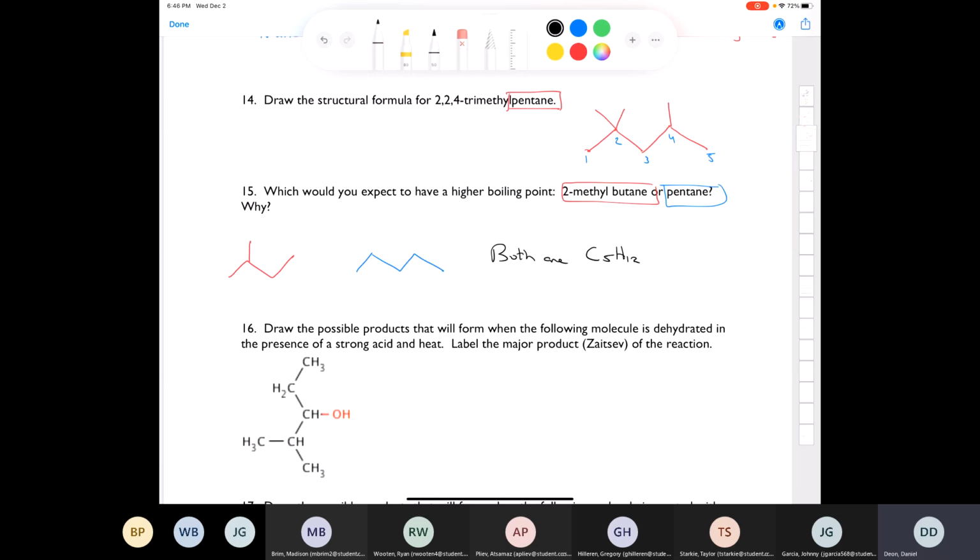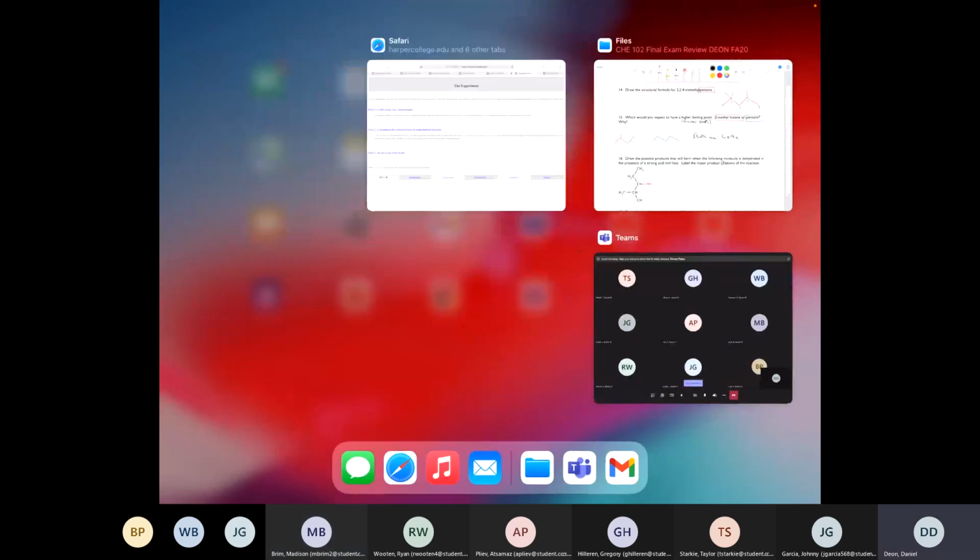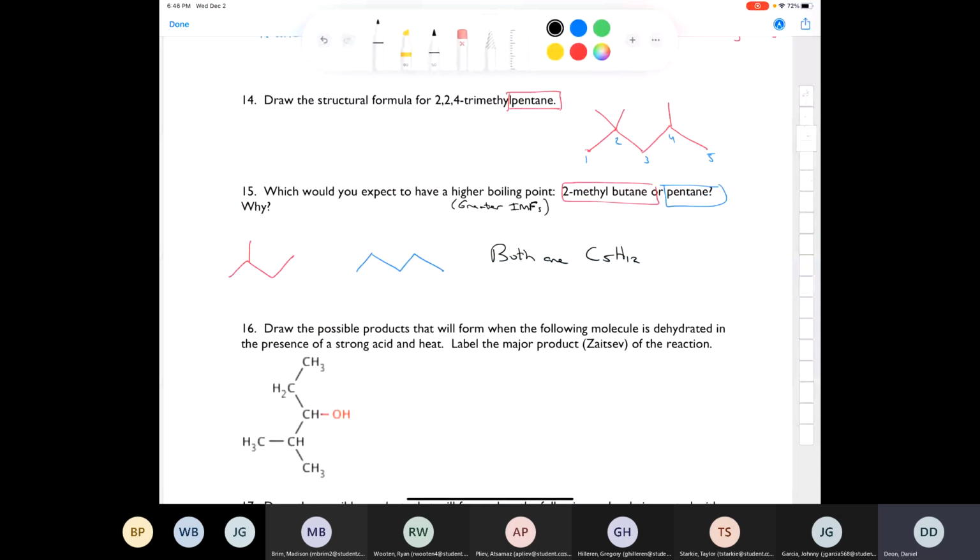So greater intermolecular forces? Would it be 2-methylbutane because there's more branching? You're in the right vein, but you got it opposite. So the more branching you have, it's going to have a lower boiling point. Right? Think about it this way. The more closely the molecules can pack together, the stronger the intermolecular forces will be, and the harder it will be to pull them apart.